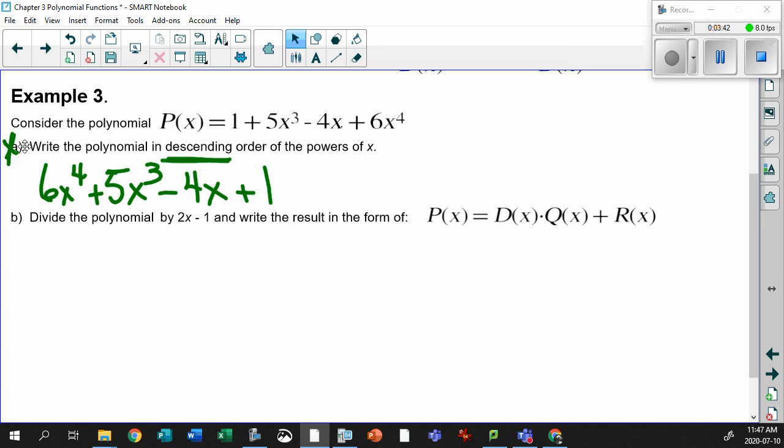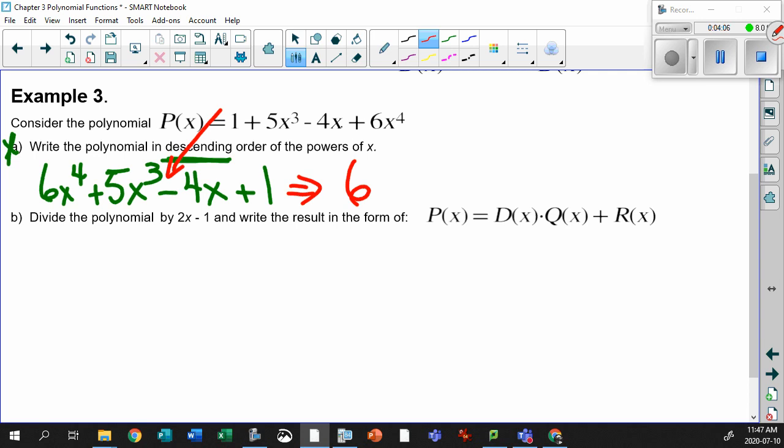Okay, so I've got 4 terms just like I had in my original polynomial, but now it's in descending order. But here's the thing that's very, very important. I don't have an x squared. So when I'm dividing this out, I have to have a 0 placeholder for that missing square. And you'll see why in a second. As soon as I divide this out, you'll go, oh, I see. So watch.